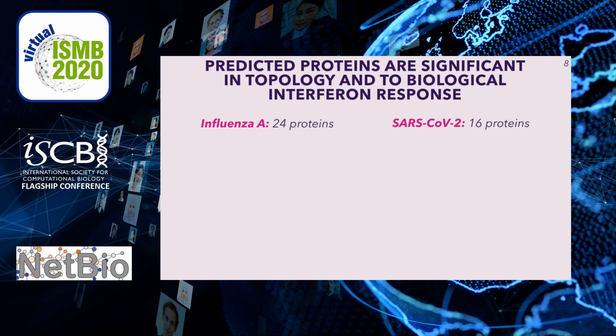So we've applied this to influenza A, which has been published, and SARS-CoV-2, which is under review currently. Both have identified a small subset of proteins with low overlap. I'm just going to carry on with SARS-CoV-2 as an example.